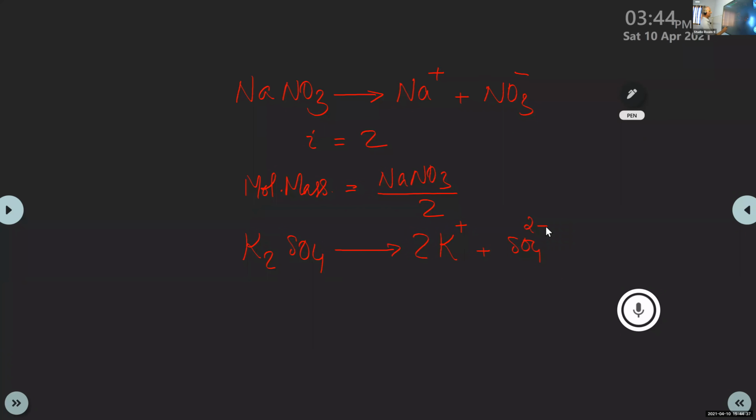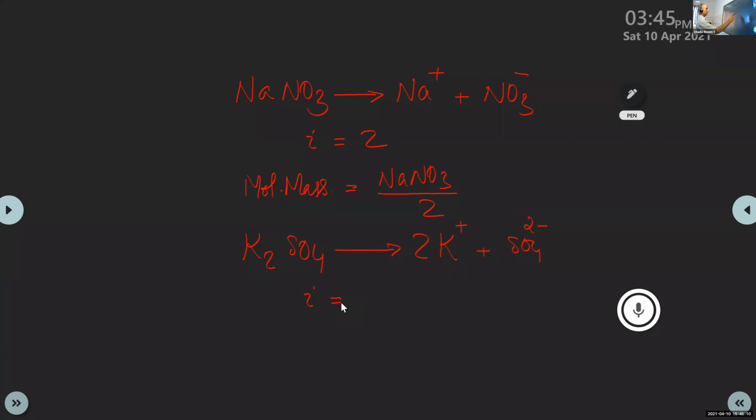So what will be the approximate Van't Hoff factor i? Come on, tell me. Vidur, what will be the Van't Hoff factor i? Krishna Chandran is there? Okay, Nandana, you can try. What will be the Van't Hoff factor i? 4. This 4.